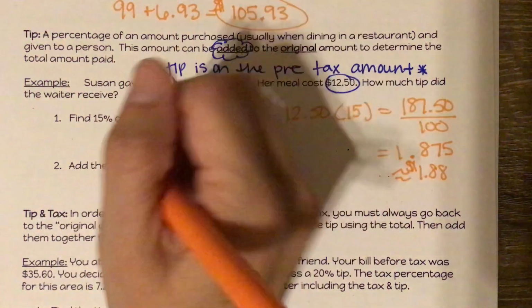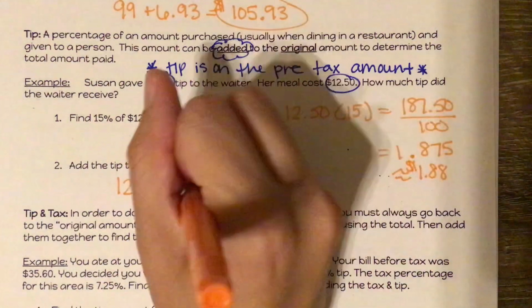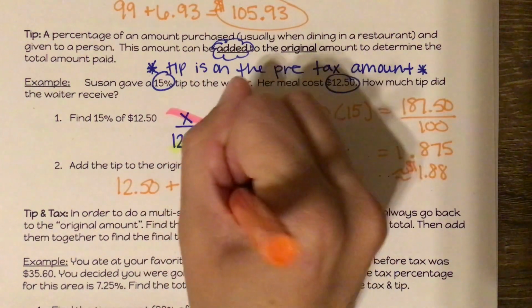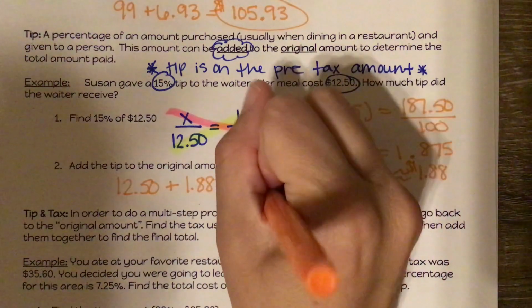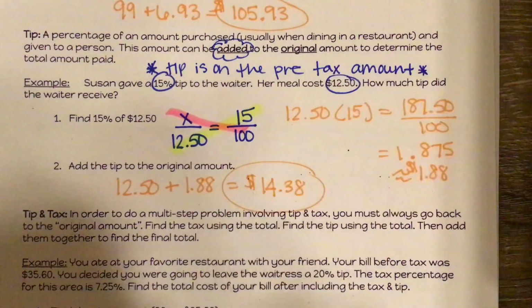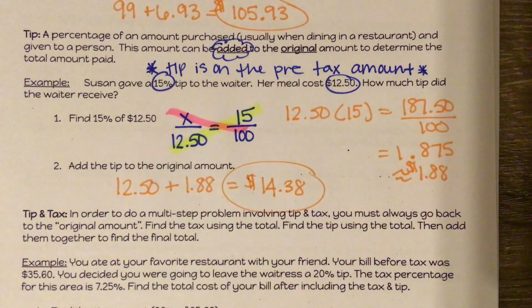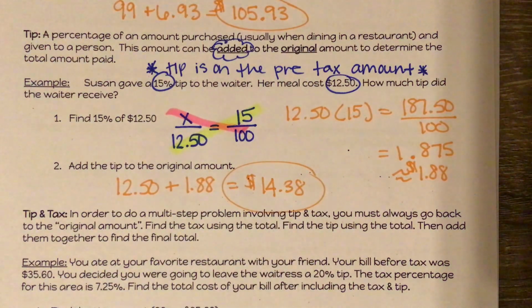So when we're finding our total cost, we're going to take our cost of the meal, $12.50, plus our tip, $1.88, which equals $14.38. So just note that your answers might be slightly off, maybe a penny here, a penny there. As long as it's close enough, it's only like 1 or 2 cents off, you'll be fine, it'll be accepted.